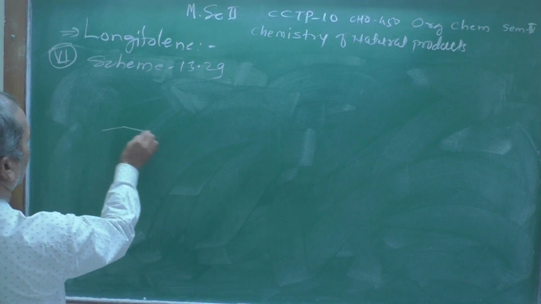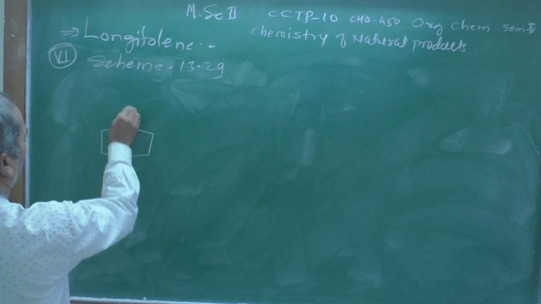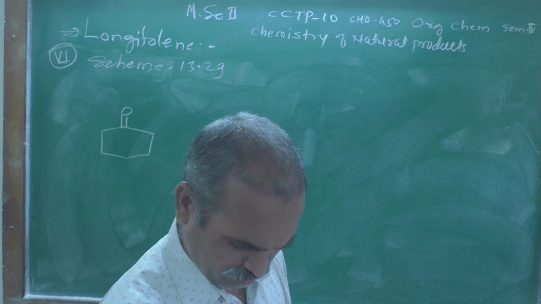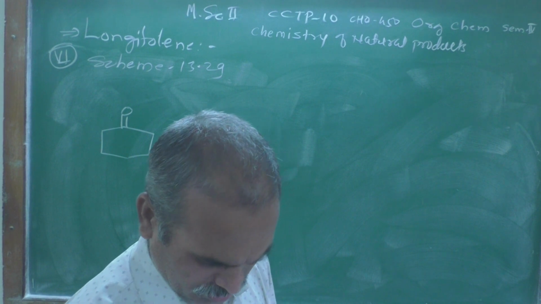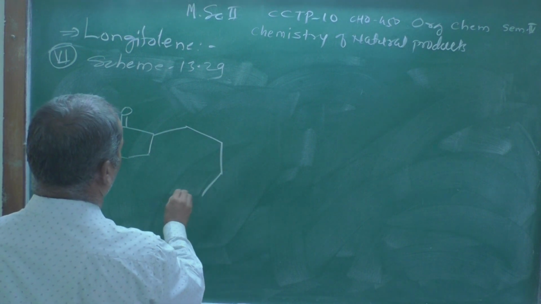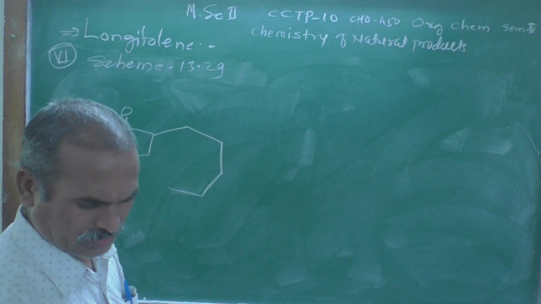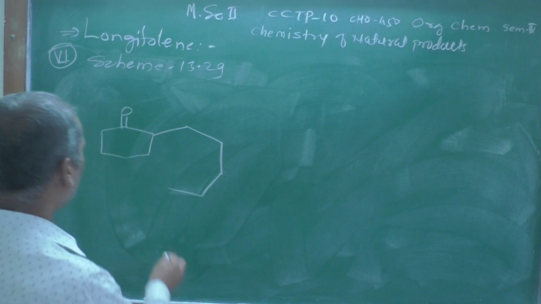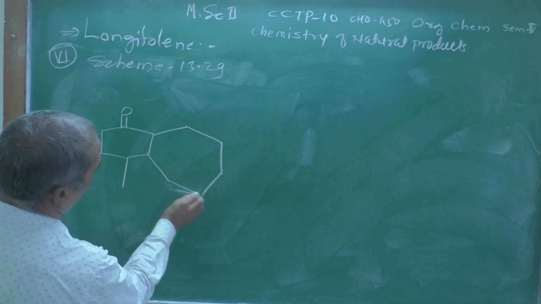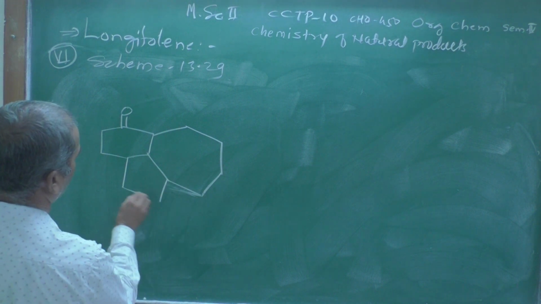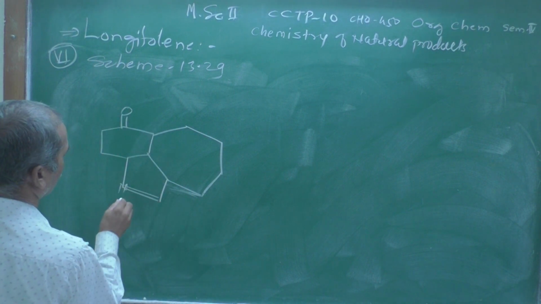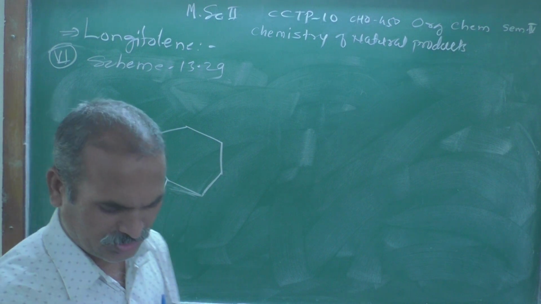Let's see here a 6-membered ring containing a carbonyl group. It is further attached to a 1, 2, 3, 4, 5, 6, 7-membered ring. Here there will be a 5-membered ring like this, and here there is a double bond and a nitrogen atom at this position.